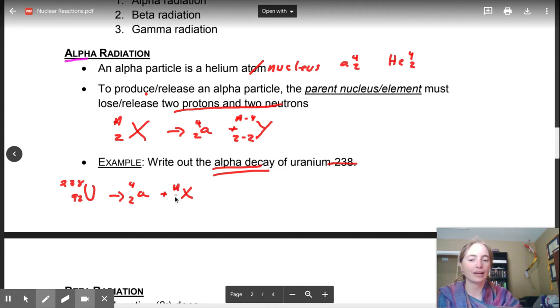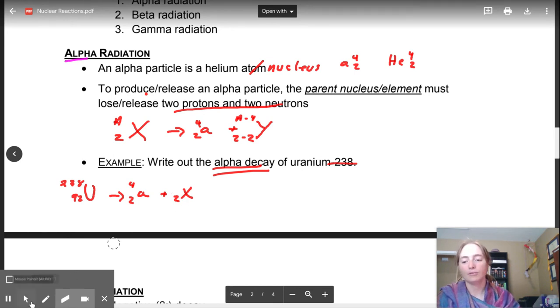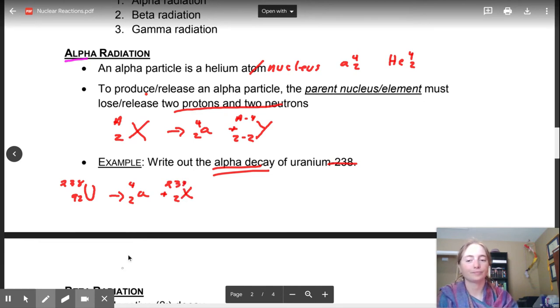Now we need to figure out what this is. So our X, A, Z: 238 minus 4 is equal to 234. I'm just going to write this like this. That's supposed to be a 4, so let's make this legible for you.